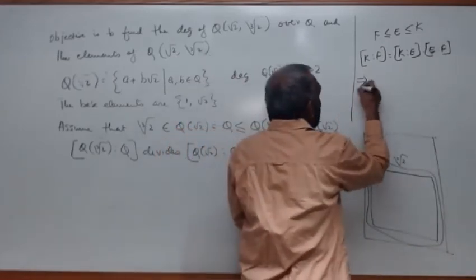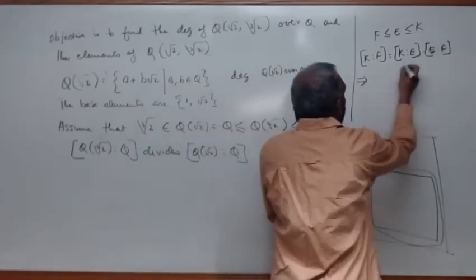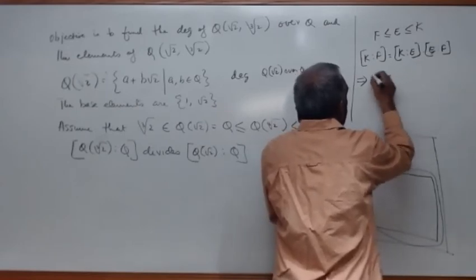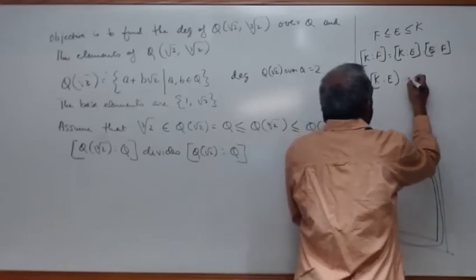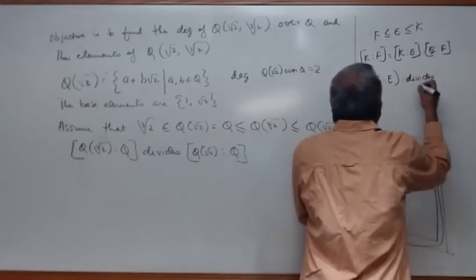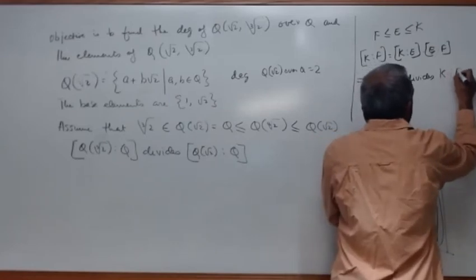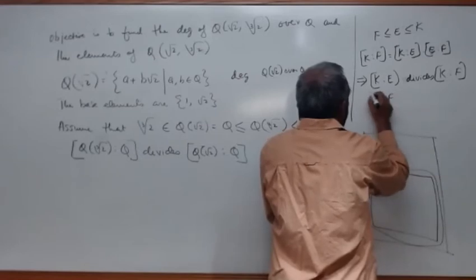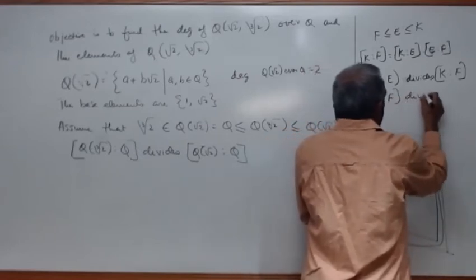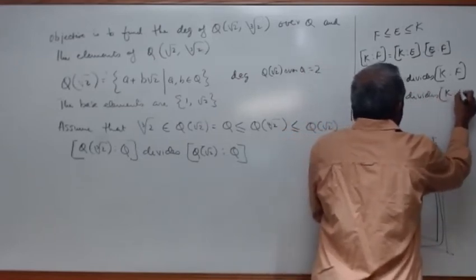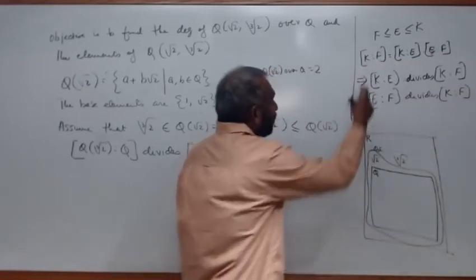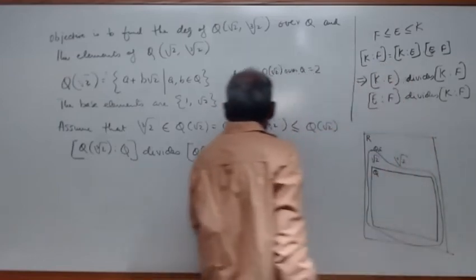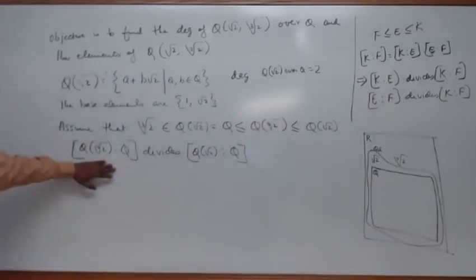This implies actually [K:E] divides [K:F], and [E:F] also divides [K:F]. This is a multiple of these two, so each of them divides this. So that is what this means.